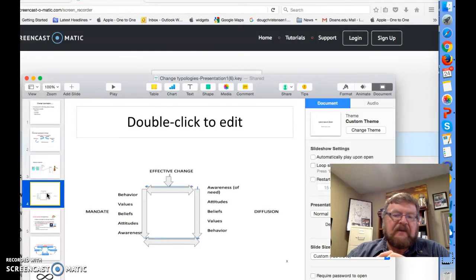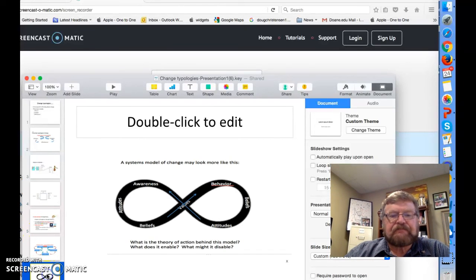So immediately, if I'm going to introduce PLCs to the faculty, we're going to start doing PLCs. And at the same time, we're going to have lots of conversation about why we're doing this, what's the need for it, what should be our attitudes about it, and so forth, so that that diffusion side is matching up and following along with the mandate side.